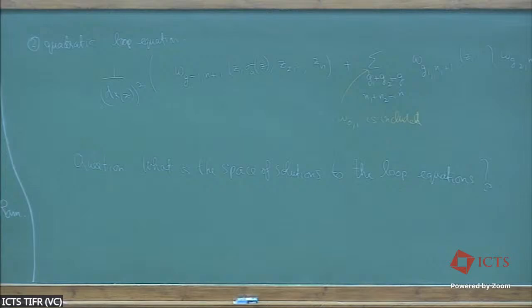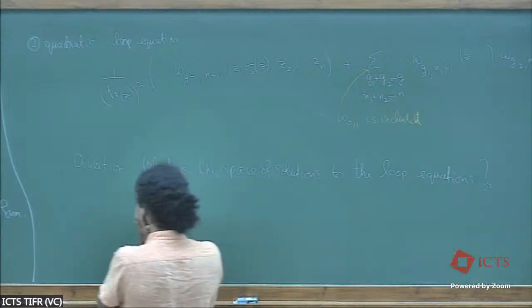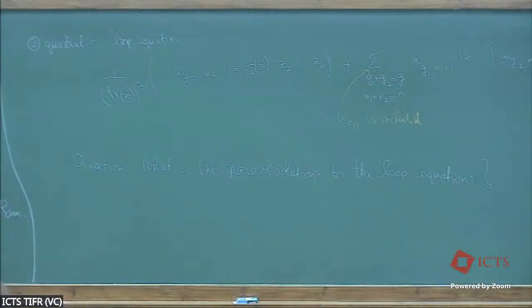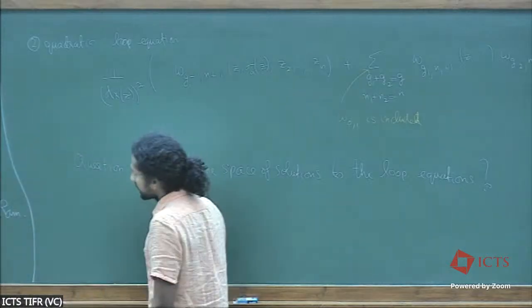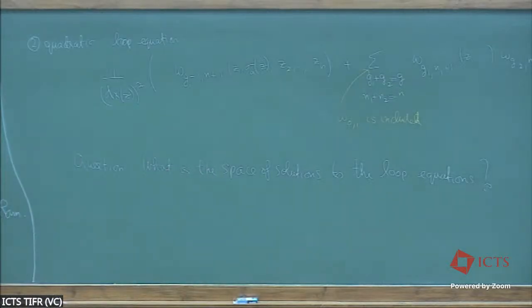And the cool thing is that, given these constraints plus a bit more, the topological recursion constructs the unique solutions to these loop equations. It's not quite true, because one can add purely holomorphic terms to the omega gns, and that's not changing the loop equations.